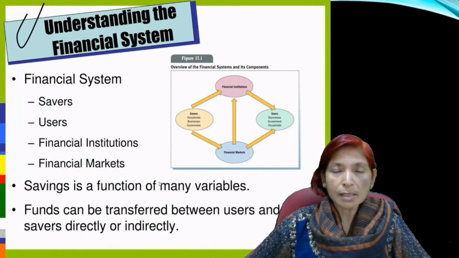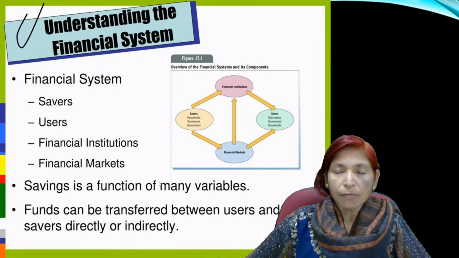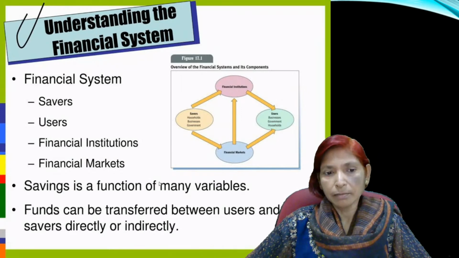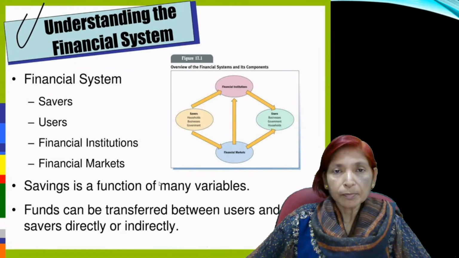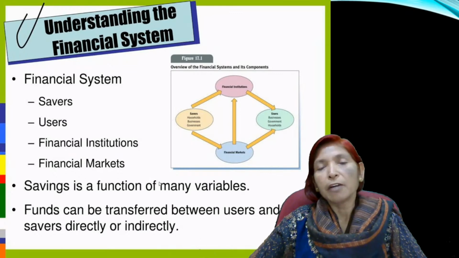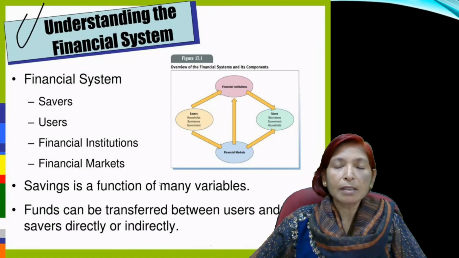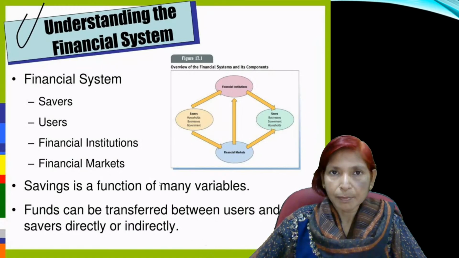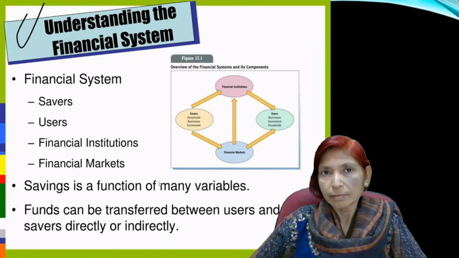So how does the financial system work? The financial system depends upon so many things. First of all, saving. Saving is very necessary for investment, and savers and investors are different persons. Savers are those persons who save their money.